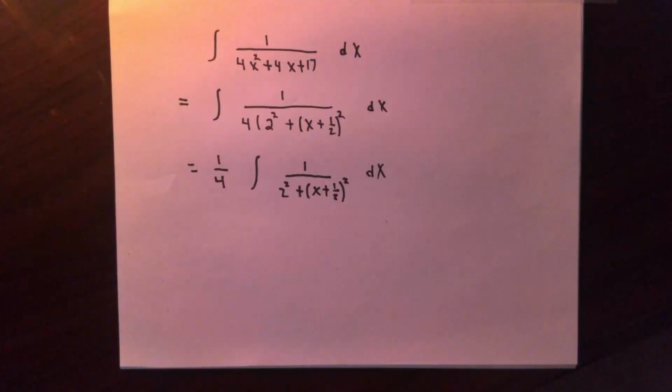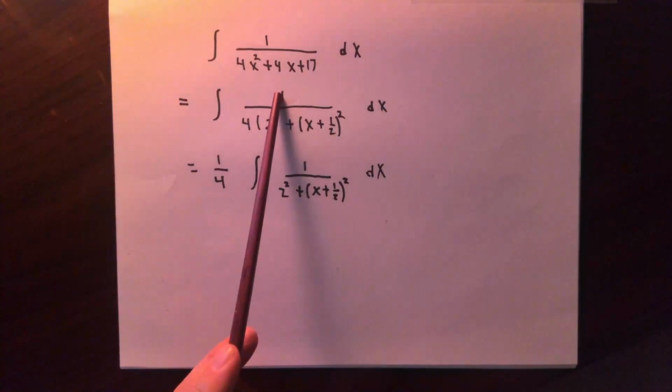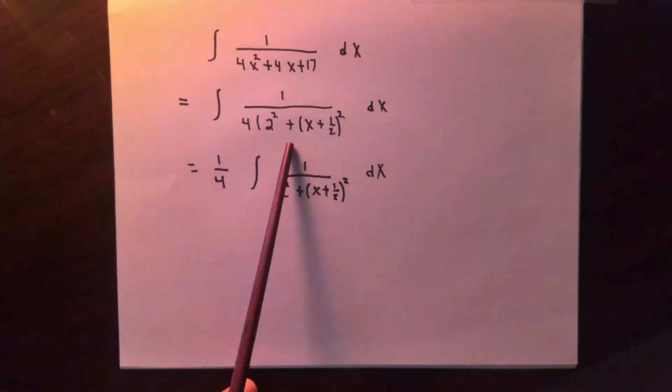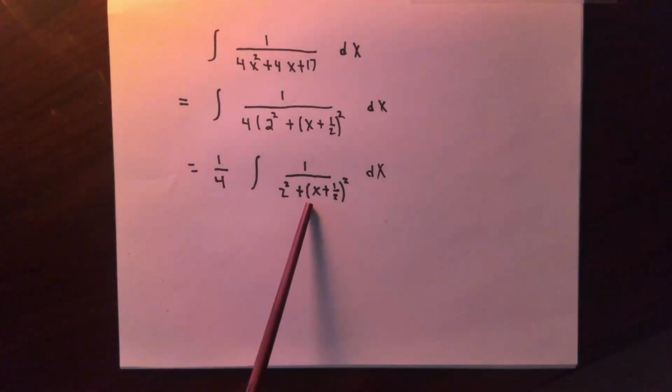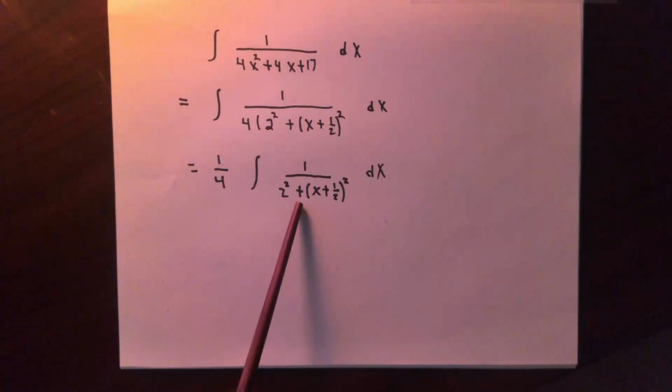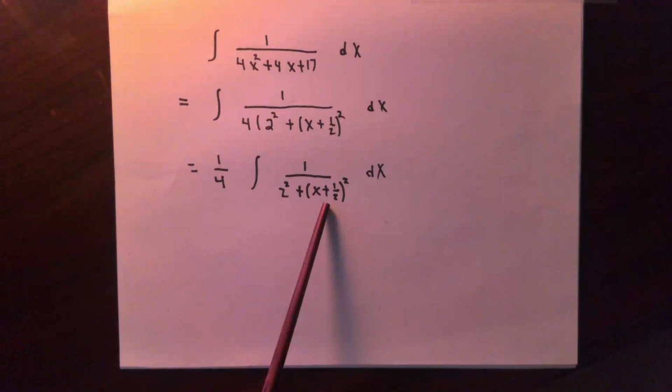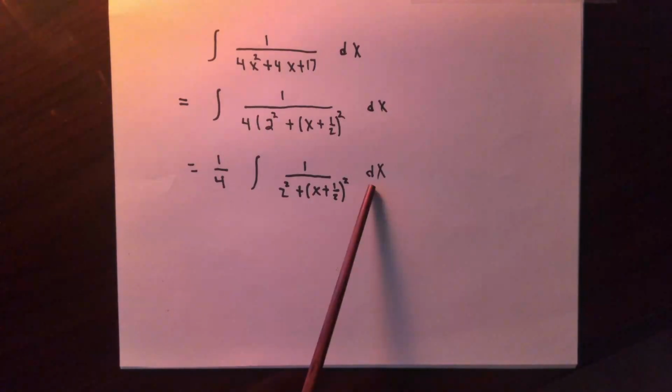Taking advantage of the algebra that we just did, the integral that I'm interested in is the same as that integral. I can bring a factor of 1/4 out front, and what's left is 1 over a constant squared plus some reasonably simple thing squared dx.